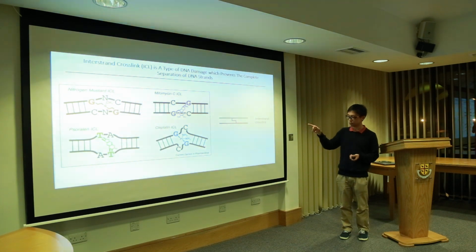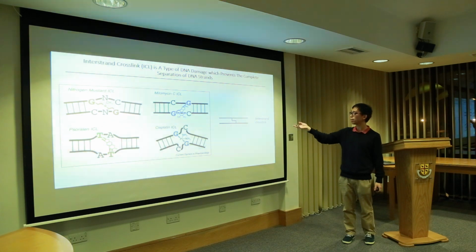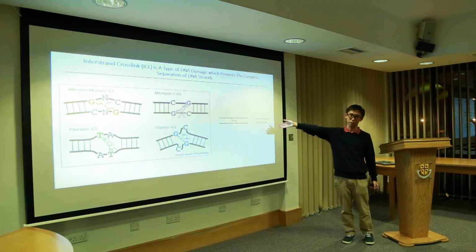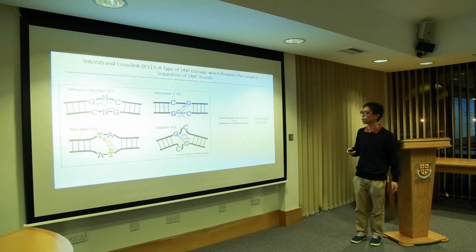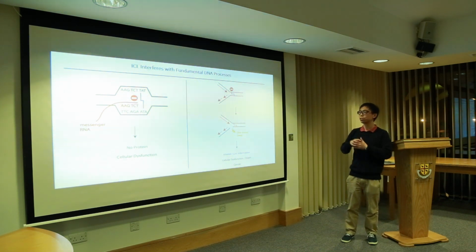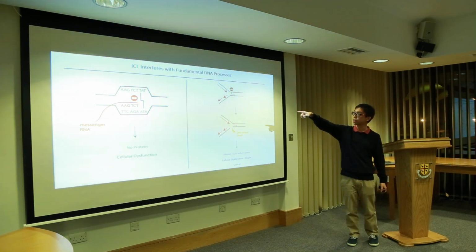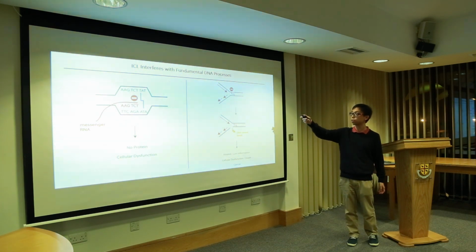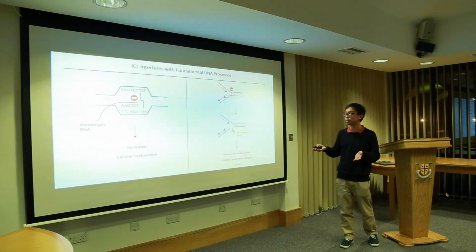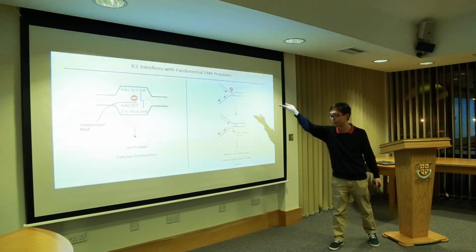Here, for the purpose of this talk, I will present the interstrand crosslink in a diagram like this. Okay, so as I said, if you have an interstrand crosslink, you have a big problem. Why? Because let's say here, in the case of when you have an interstrand crosslink and you need to extract the information from DNA, you can't because it blocks, right?